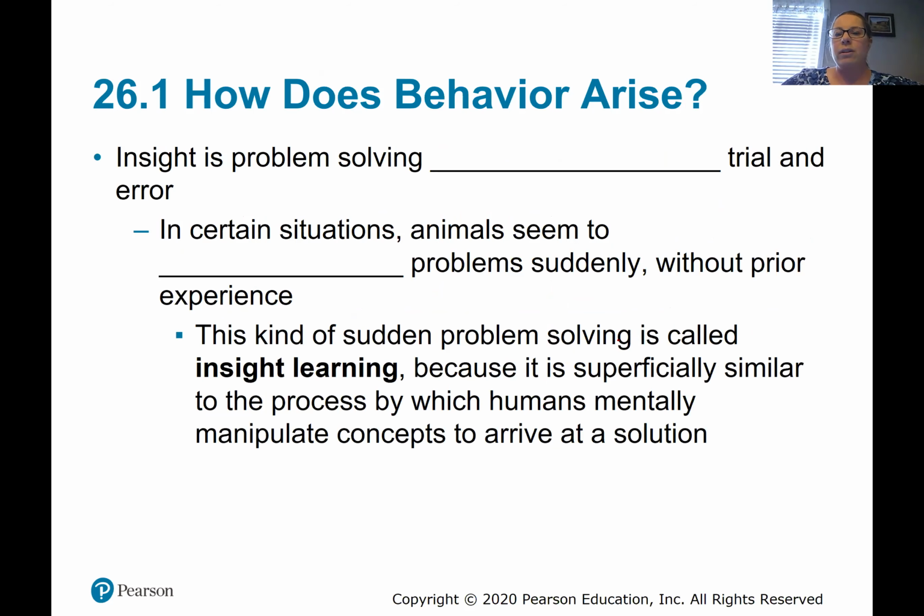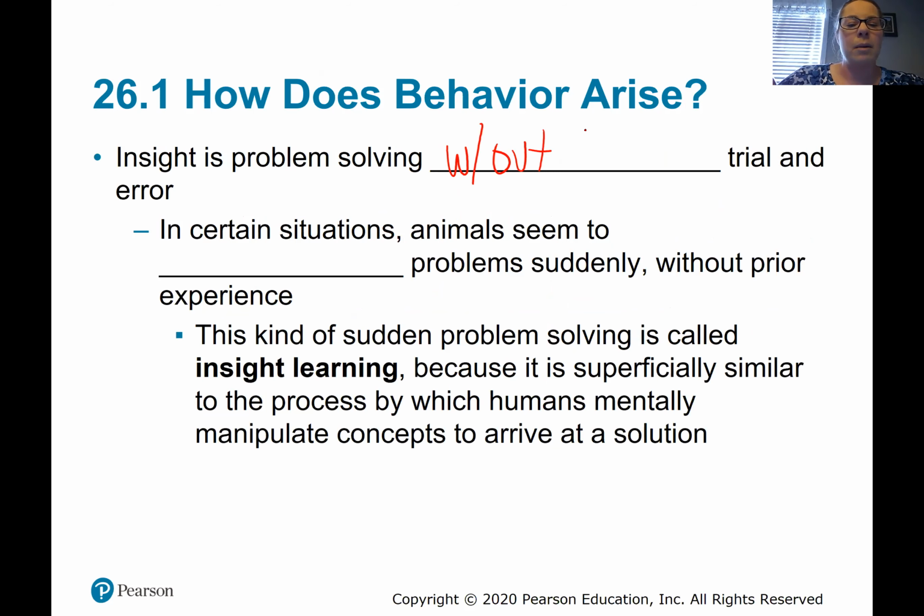And another higher level learning or higher level behavior is called insight, and that is problem solving without trial and error. Okay, so this is what we would call in academia critical thinking.